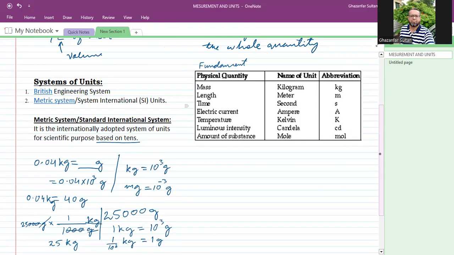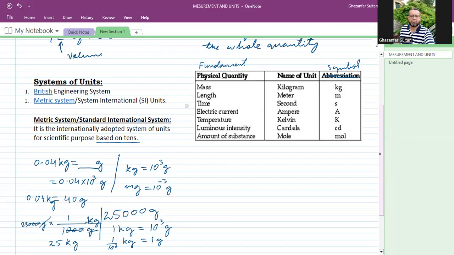Length is meter. Small m is the symbol, not an abbreviation. Time is second. Small s is the symbol.